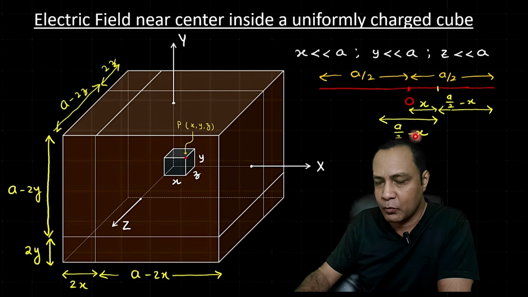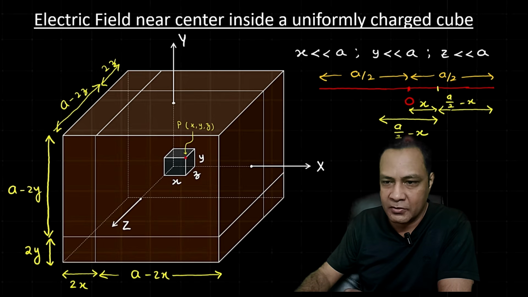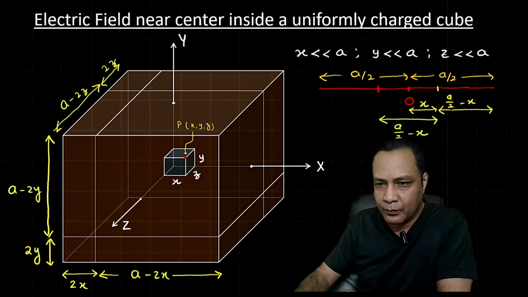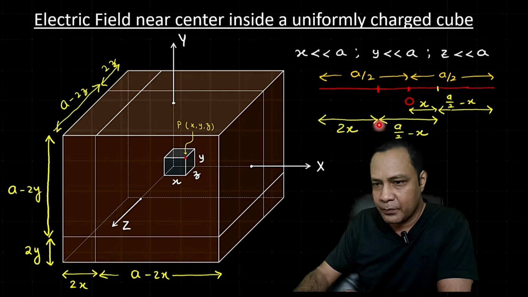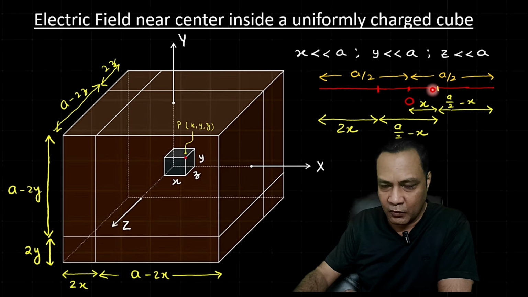That is a by 2 minus x plus a by 2 minus x, which is a minus 2x, so that will be 2x. So this is 2x. And now see, for this part of the length a minus 2x, this point which is at a distance x from this is equidistant.